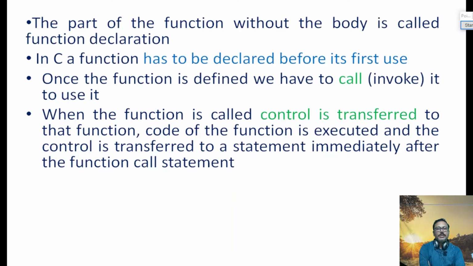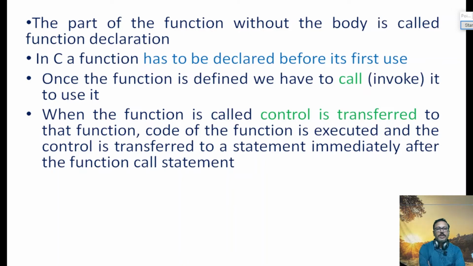When the function is called, control is transferred to that function, code of the function is executed, and the control is transferred to a statement immediately after the function call statement. So this was demonstrated in the previous session.